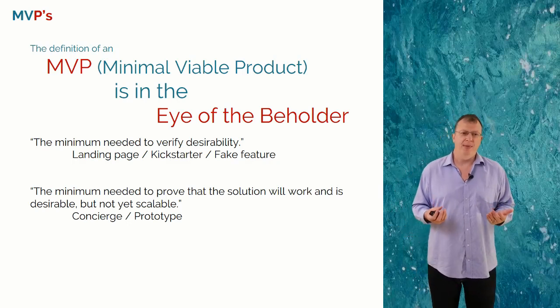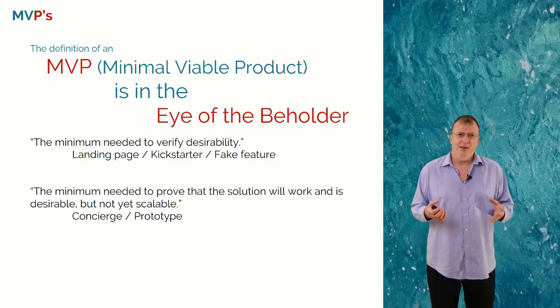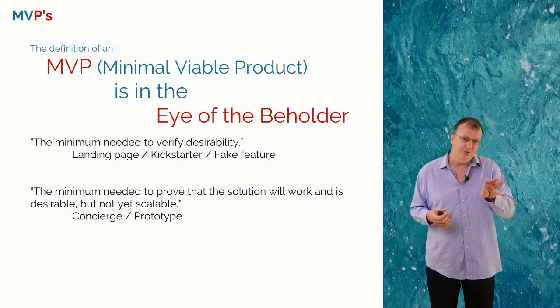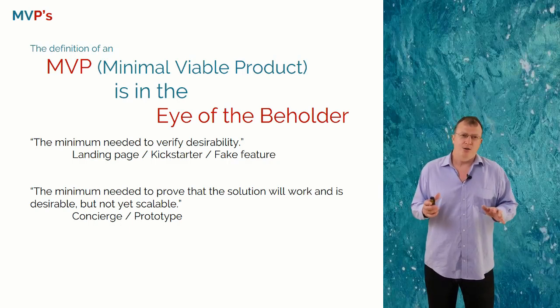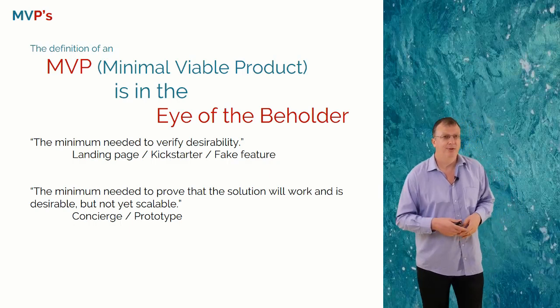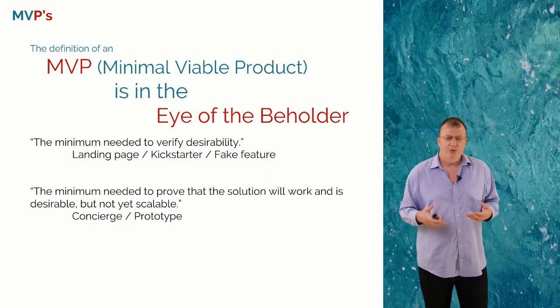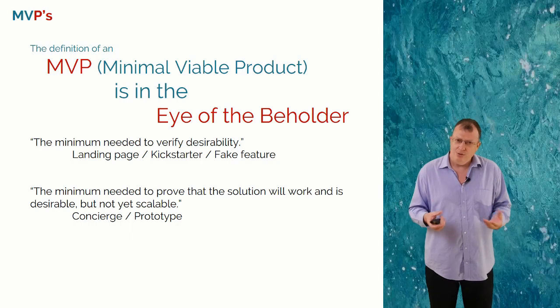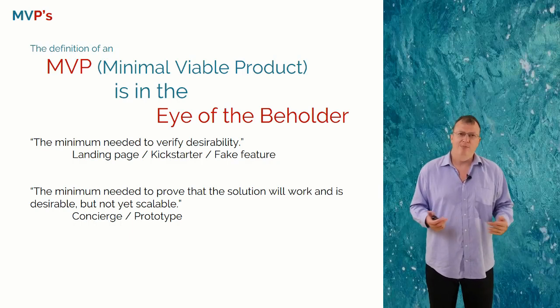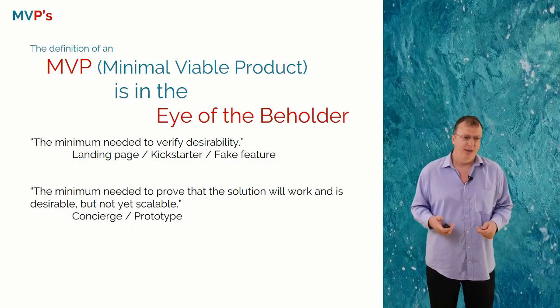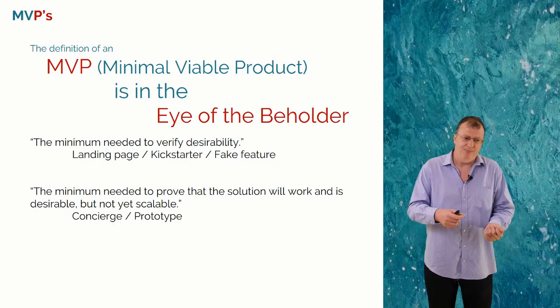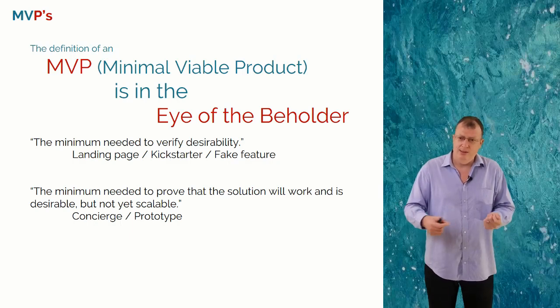Or you could be wanting to verify feasibility. Your focus is much more on feasibility, and you want to do this in as low-tech a way as possible. So let's say you're an insurance company and you want to try out a new form of insurance. You're not sure if it's going to work. Now, instead of building apps and websites to try out this new form of insurance, maybe you take a piece of paper, go to a customer and say, hi, this is how this insurance works, and would you buy this product?